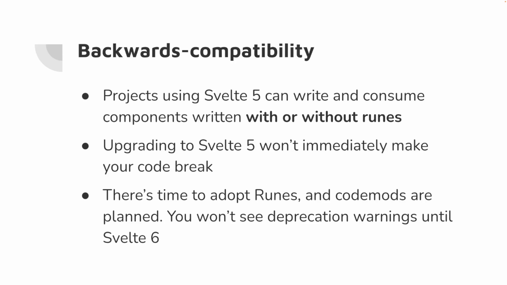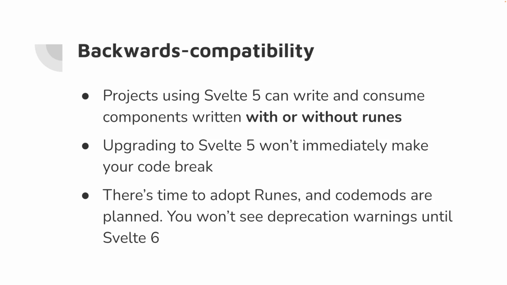Next is backwards compatibility. Currently it's proposed as a short-term backwards compatibility. So for example, when projects adopt Svelte 5, they can write and consume components written with or without runes. So a Svelte 5 project can import a Svelte 5 component, and if that Svelte 5 component uses runes, it will work.